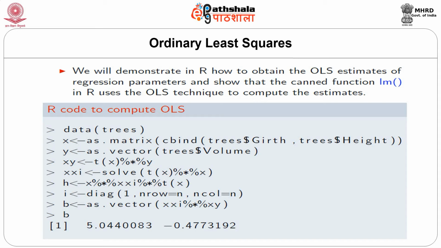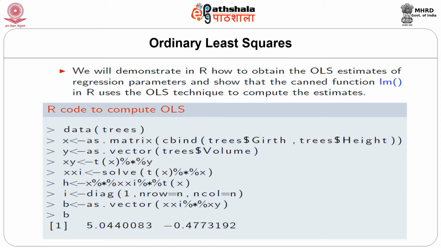After we have defined our x and y, we can by simple mathematical functions in R compute X prime y as transpose of X matrix multiplication y, and obtain (X prime X) inverse, which is given by the function solve of transpose of X matrix multiplication X. So, the hat matrix in total can be written as X matrix multiplication XXI, which is (X prime X) whole inverse matrix multiplication transpose of X.